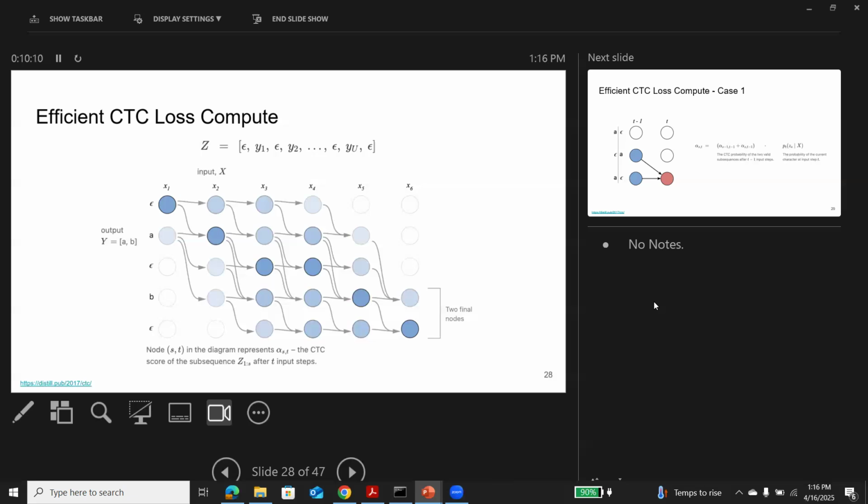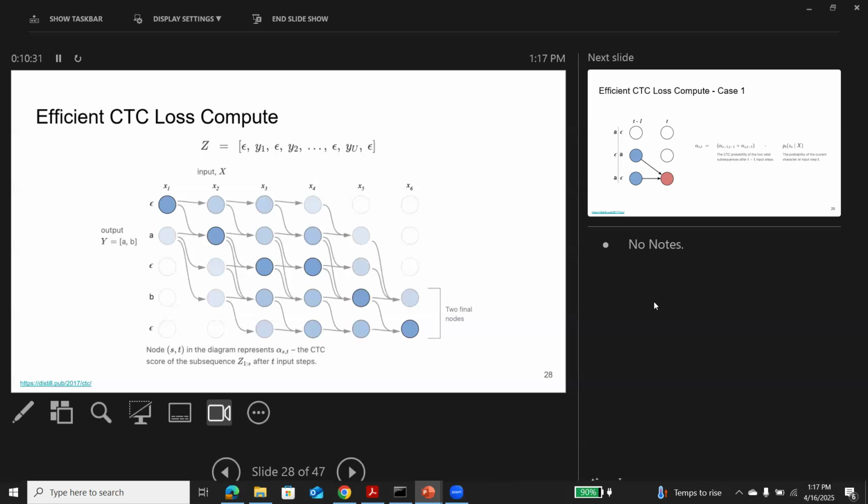Also, we will get epsilon, and we can get again A, because repeated characters will be glued together. But we can't get A, epsilon, A, for example.